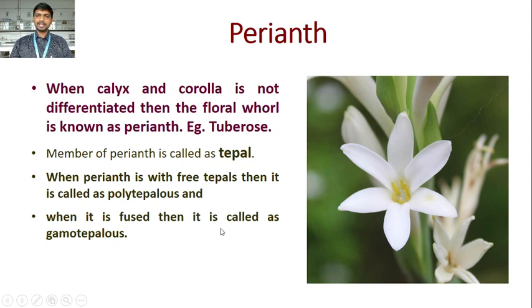When there is no differentiation between calyx and corolla, we say it is a perianth, for example tuberose, and a member of the perianth is called a tepal. When the tepals are free, the perianth is polytepalous, and when the tepals are united or fused, the perianth is gamotepalous.